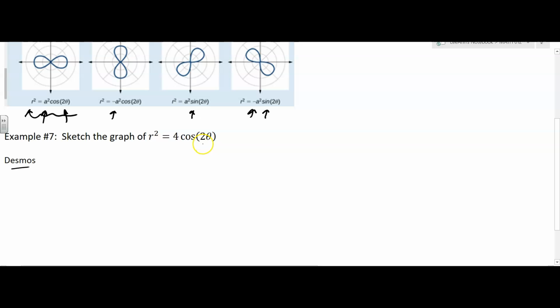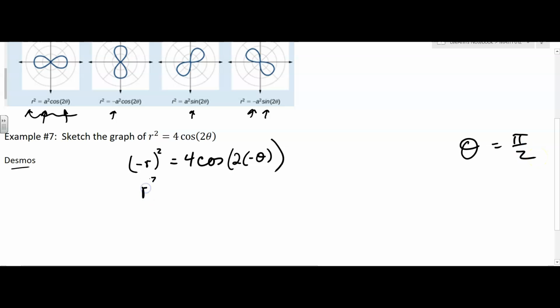So looking at this, if we were to plug in negative r and negative theta, we're checking to see if it's symmetric with respect to theta equaling pi over 2.